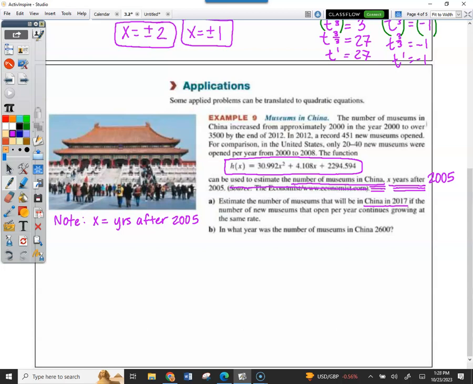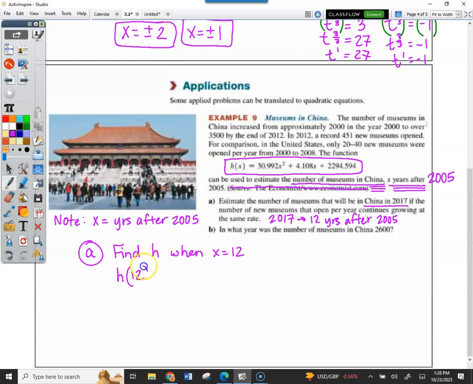So it says in 2017. 2017 is how many years after 2005? 12 years. So X equals what? 12. So we're finding H when X is 12.